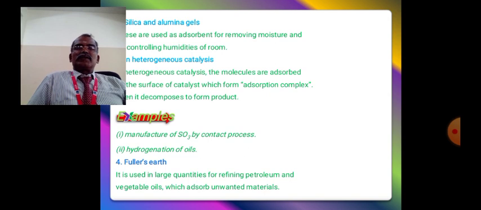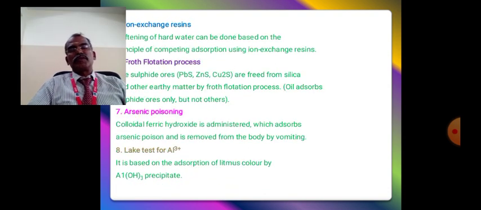For example, the manufacture of sulfur trioxide in the contact process for sulfuric acid manufacture, and hydrogenation of oil, in which nickel is used as a catalyst. So in heterogeneous catalysis also adsorption is used. And fuller's earth is a substance used in large quantities in the refining of vegetable oils and petroleum oil.